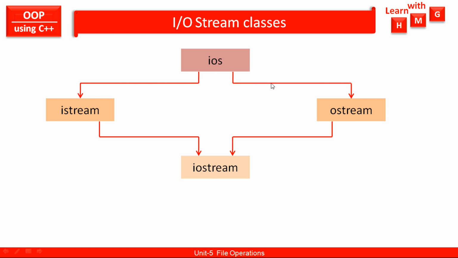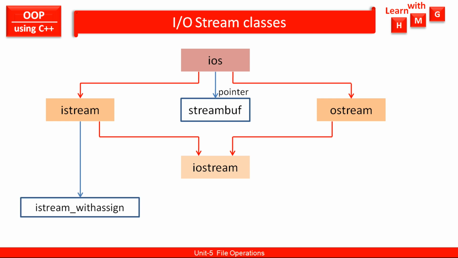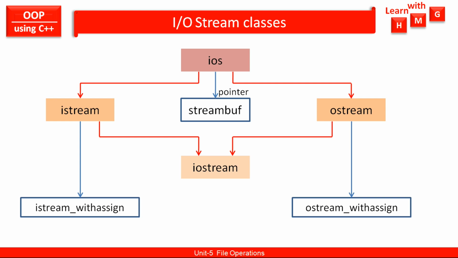There is another path of multi-level inheritance, iOS, OStream and IOStream, and all these four form hybrid inheritance, and in this way the iOS acts as a virtual base class. From this iOS base class the streambuf pointer object is defined. One more class is derived from the iStream class, that is iStream with assign. Then OStream with assign is derived from the OStream class, and IOStream with assign is derived from the IOStream class. So this is the hierarchy of input output stream classes.